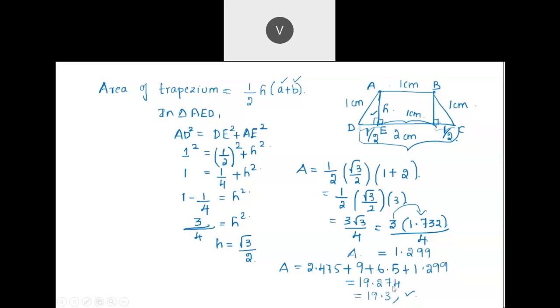How 19.265, Vishnu Priya? What's your doubt? Ma'am, for me the answer came 19.265. Then that is equal to 19.3 only, right? Approximately. Yes, ma'am. Okay.